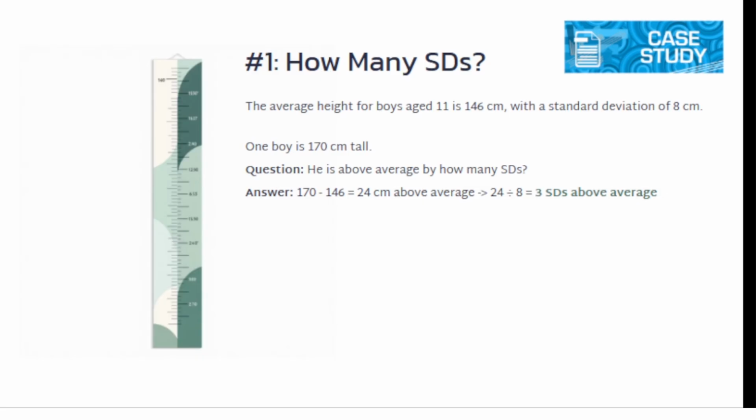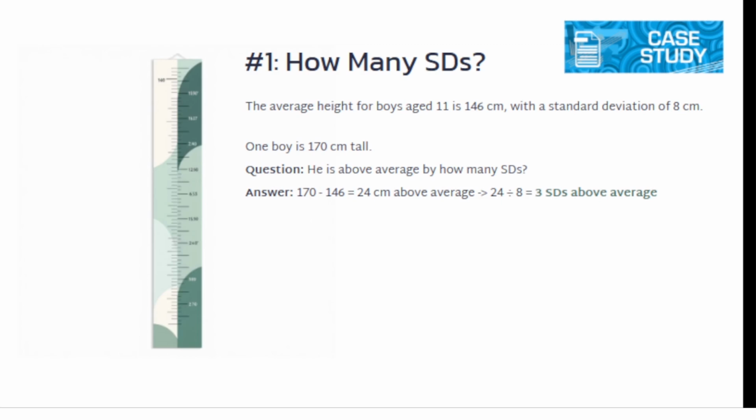Now let's look at some case studies. For this case, we have the average height for boys aged 11, and the average height is 146 centimeter with a standard deviation of 8. And we pick one boy, one data point, and he is 170 centimeters tall.